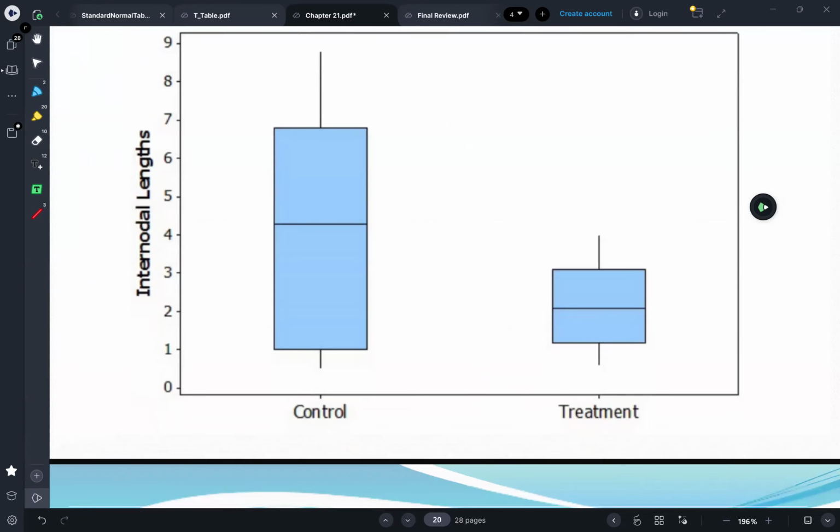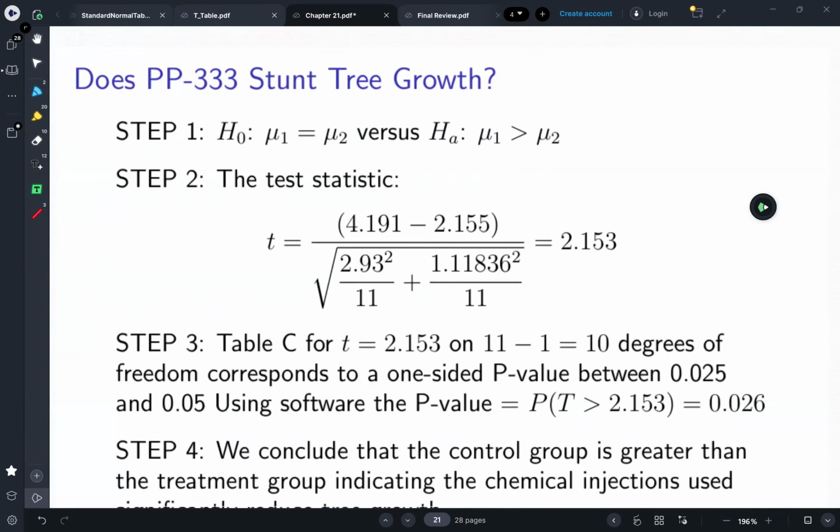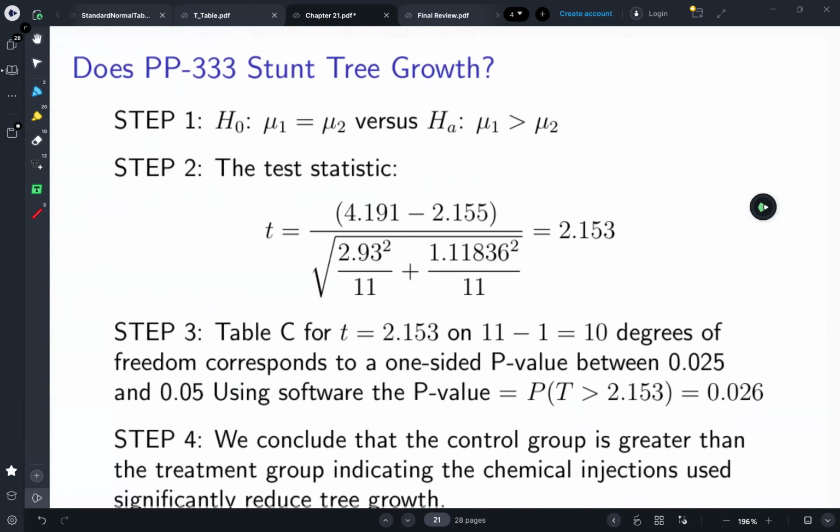And so we can do the hypothesis test. Step 1, the null and alternative hypothesis. The null is always equal. That means no difference in the average between the control and treatment.